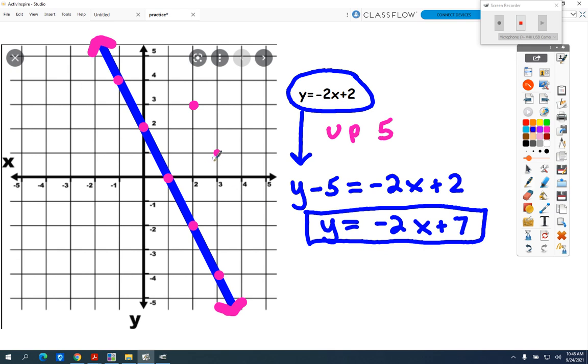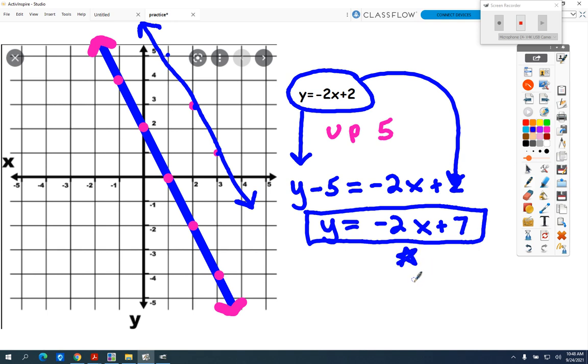And if you think about this, if I go up to 7 and I go down 2 over 1, down 2 over 1, you're going to notice that I get those same points that I would have got by just translating the actual points. But you can go directly from equation to equation. So I know that this line, after a translation of up 5, you would get this new equation. Okay. So again, I like to just manipulate the equation.